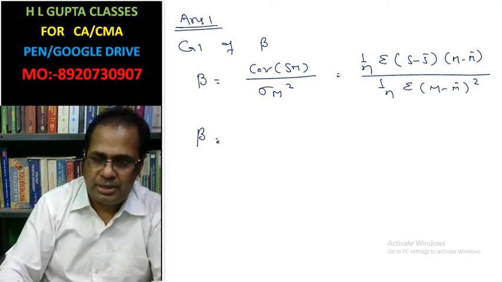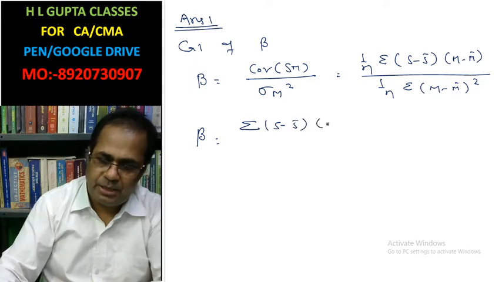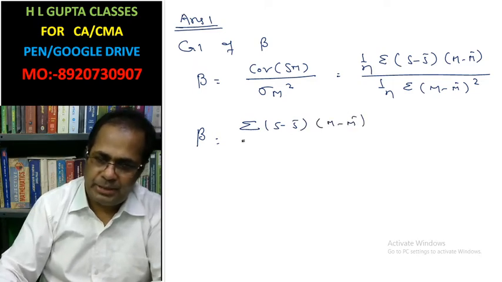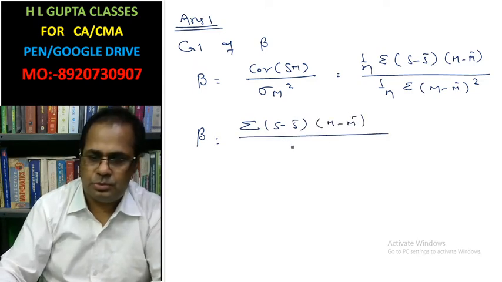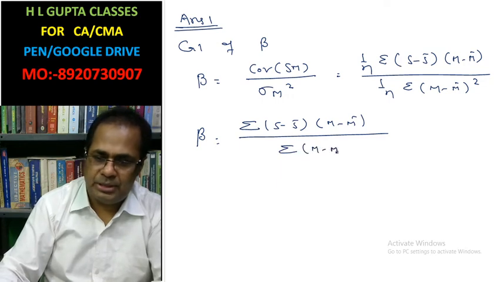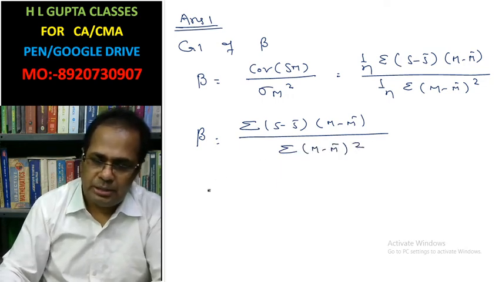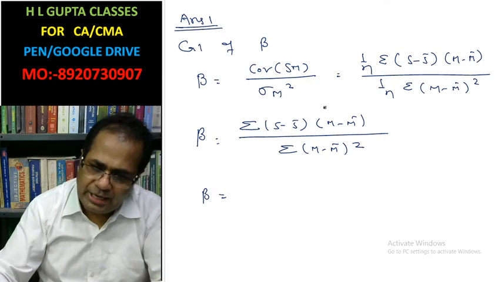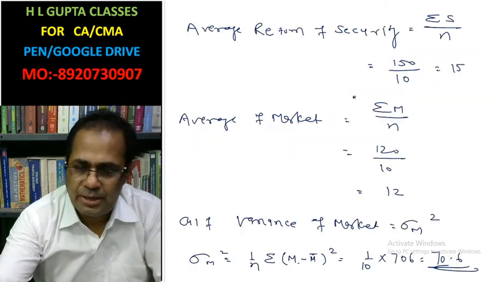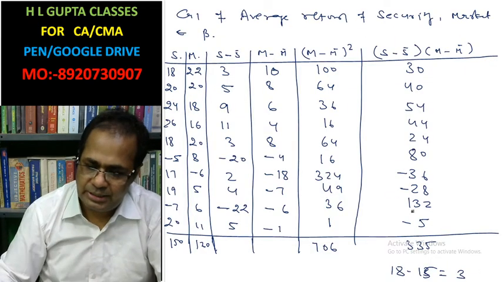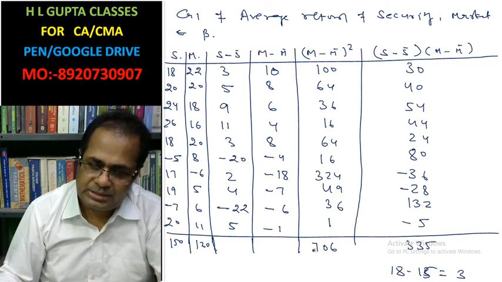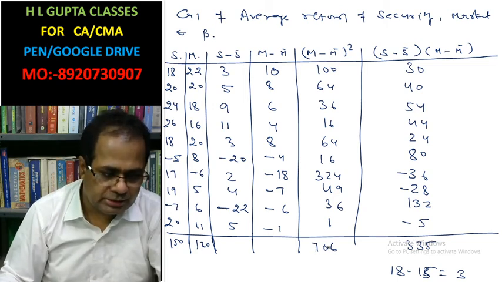Beta ultimately is summation of s minus s bar times m minus m bar over summation of m minus m bar squared. This is already calculated: 335 over 706.